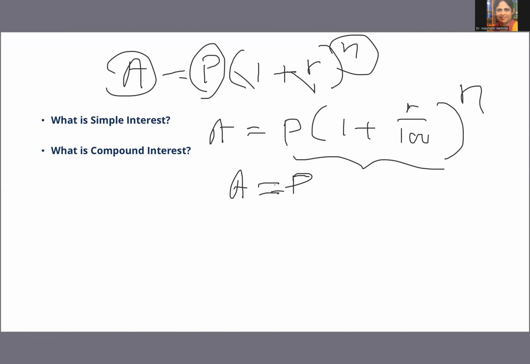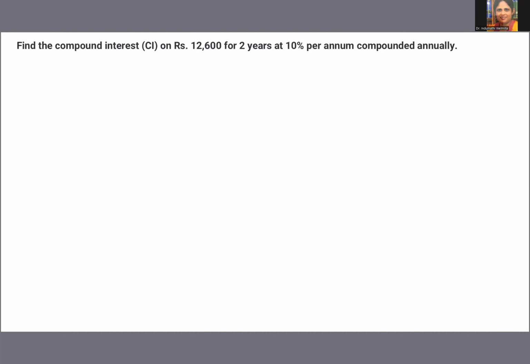Are there any examples? Yes, this is one example: find the compound interest on rupees 12,600 for 2 years at 10% per annum compounded annually.